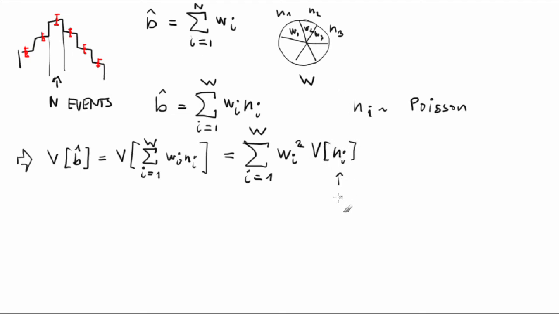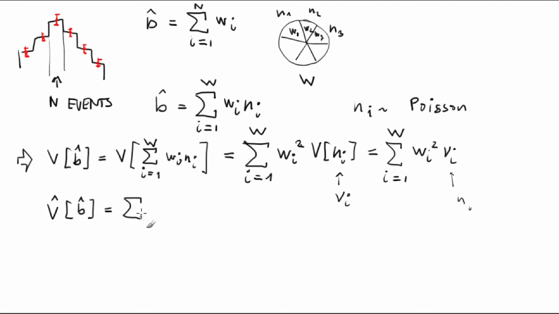Remember that the variance of the Poisson distribution just equals nu_i, so we get the sum for i going from 1 to w of w_i squared nu_i. As an estimator of the variance, we can replace the mean values by the observed numbers of events n_i. We get the estimator of the variance of B hat equals the sum for i going from 1 to w of w_i squared times n_i.